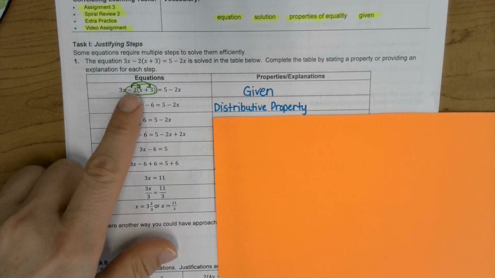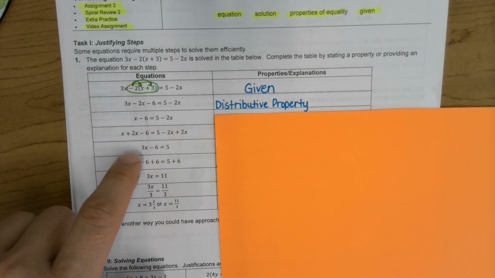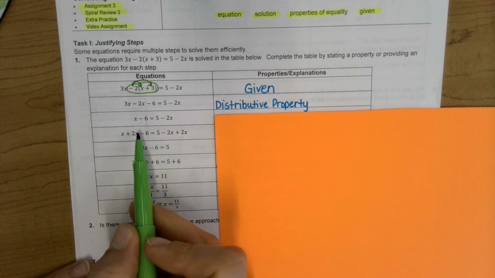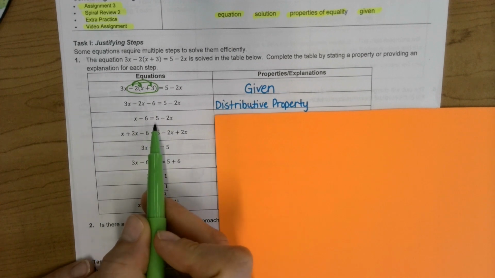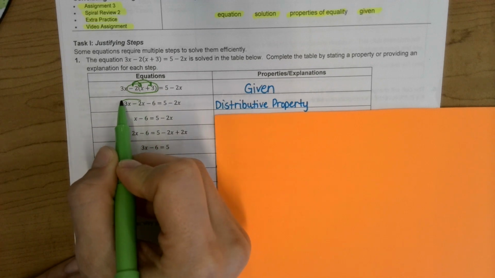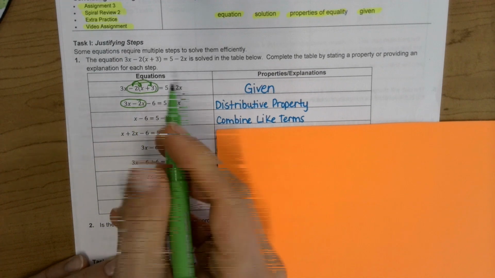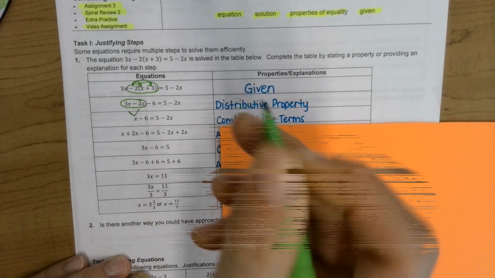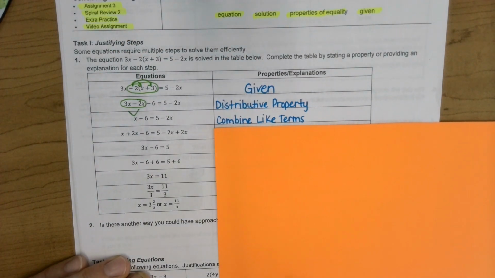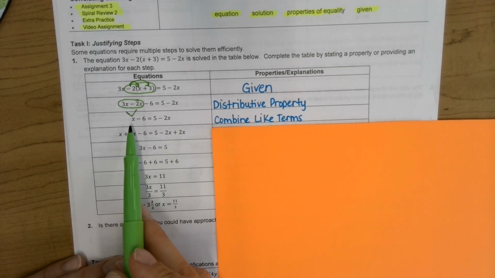So for that, remember that you multiply everything inside the parentheses by the number outside, which would be negative 2. All right, then I noticed they got x minus 6 equals 5 minus 2x. So I can see that they combined like terms. 3x minus 2x equals x, or 1x. But remember, we are going to just keep x by itself to represent 1x.